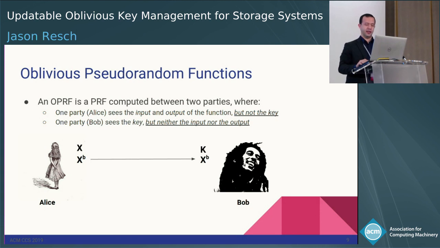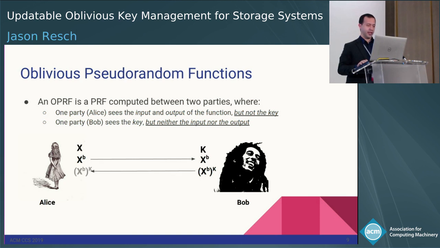Now, Bob must combine this key with the blinded value in a way that will allow Alice to reverse her blinding later, and also in a way that doesn't reveal X to him, or doesn't reveal K to her. So one way for Bob to do this is to simply exponentiate the value using his key K. Assuming Alice can't solve the discrete logarithm, she's prevented from learning the key. So far, so good.